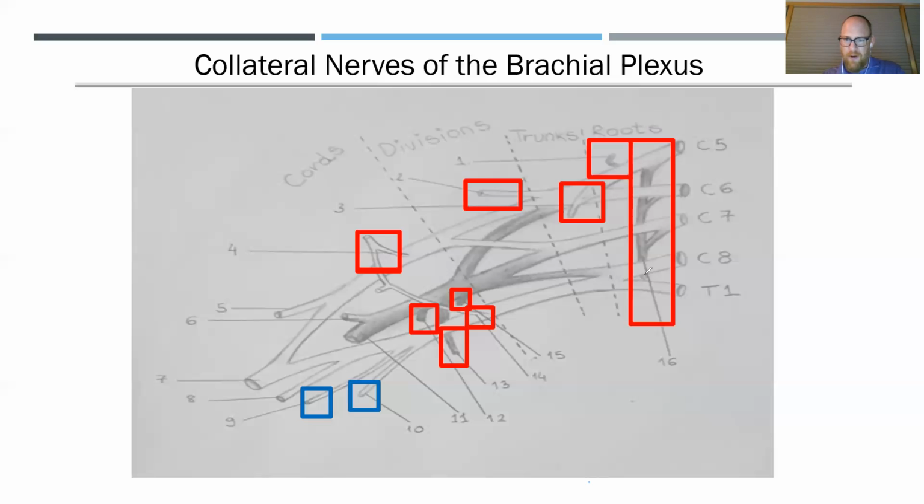What's this big papa over here on the medial side? The long thoracic nerve, right? Long thoracic nerve. All right. So we know that the collaterals either innervate the scapular musculature, or, with our 2 little blue boxes as the only exception, they provide sensation to the arm but no motor function.